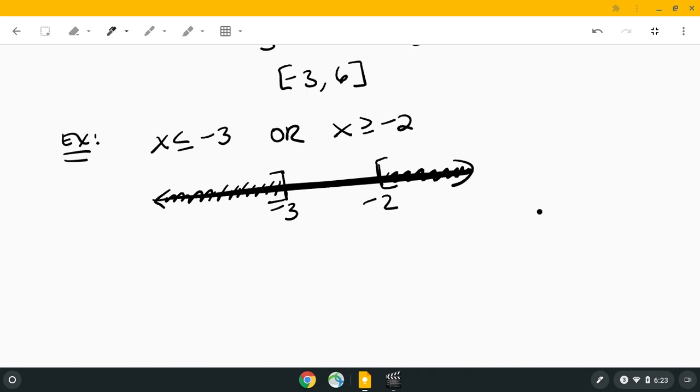If I were to write the solution set, I would say unbounded on the left, so -infinity, all the way to -3, bounded. And then bounded on the left, -2, unbounded on the right, so positive infinity. And I use the union symbol to represent this.